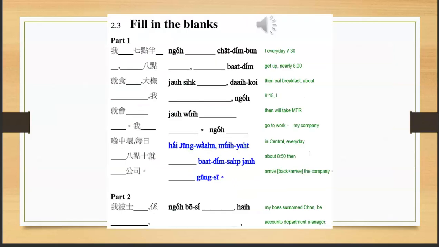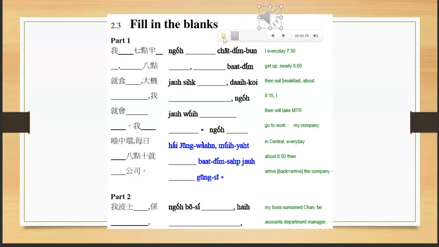Okay, so that's the last part. We are going to do the fill in the blanks together. Okay, so there's a space here. It should be every day, get up. Again, 7:30 get up.